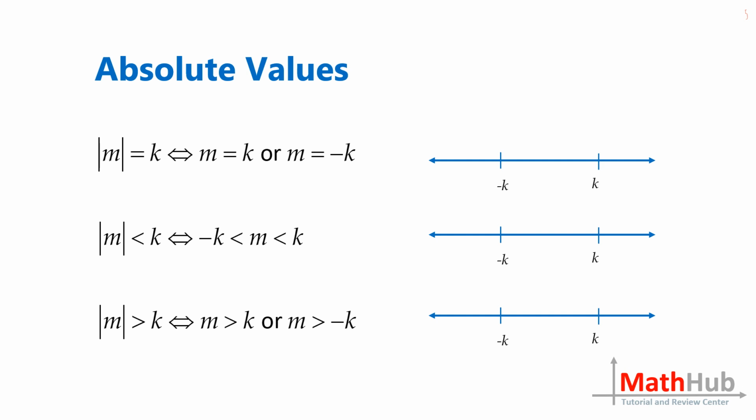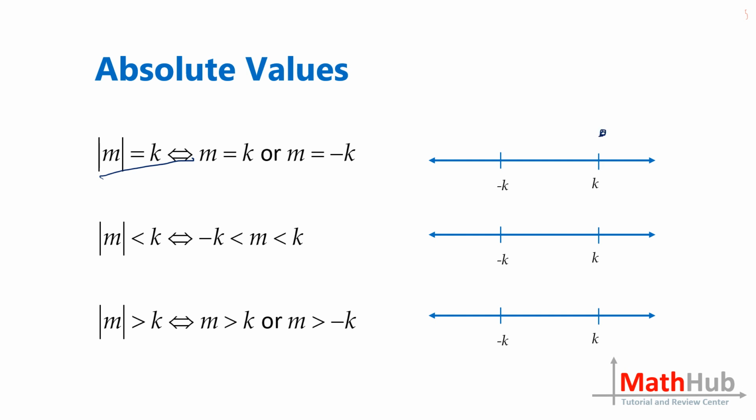What I have here is just a summary of the things that we have discussed. Again, if you have the equality sign, the solution set will just be these two sets, k and negative k.